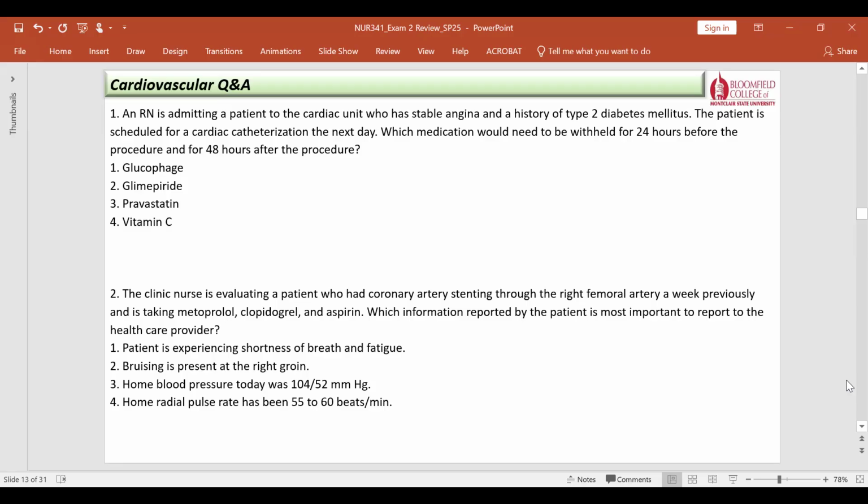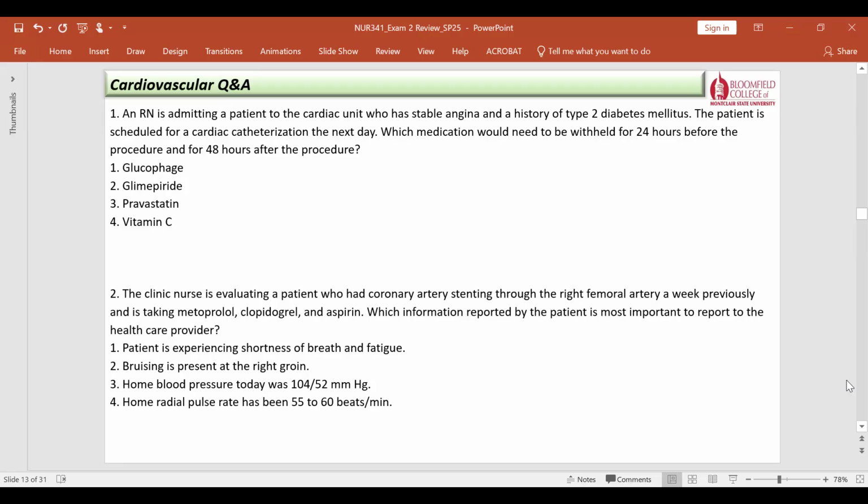Thank you. I believe we went over this question in class, because that was part of diabetes mellitus, right? But now it's cardiac, so it's mixed cardiac and endocrine system, and you all know the answer is Glucophage, right?